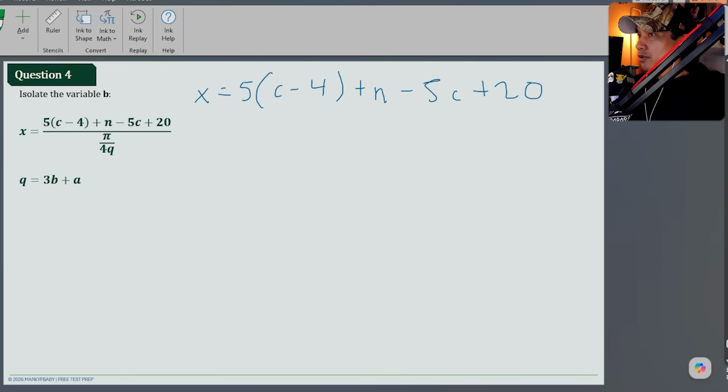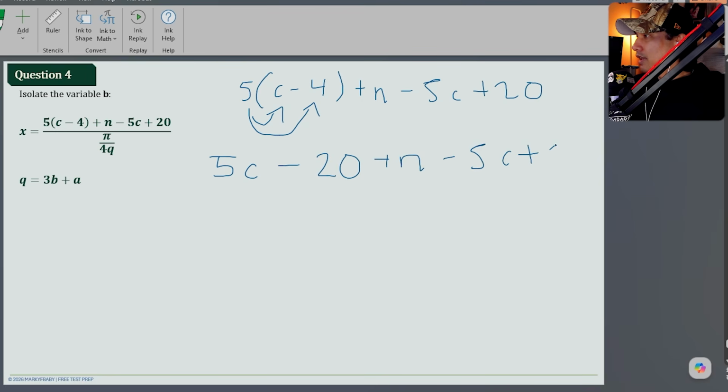So what I do for the numerator, and I'm just going to clear out this x just to not confuse you guys. So 5c minus 4, and then I could distribute the 5 to the c minus 4. So I'm going to do that first. 5c minus, what is 5 times negative 4? That is negative 20. Plus n minus 5c plus 20. Okay?